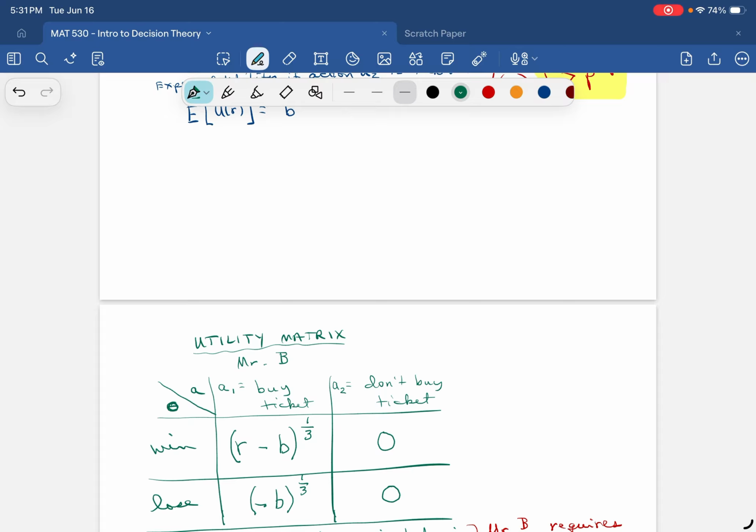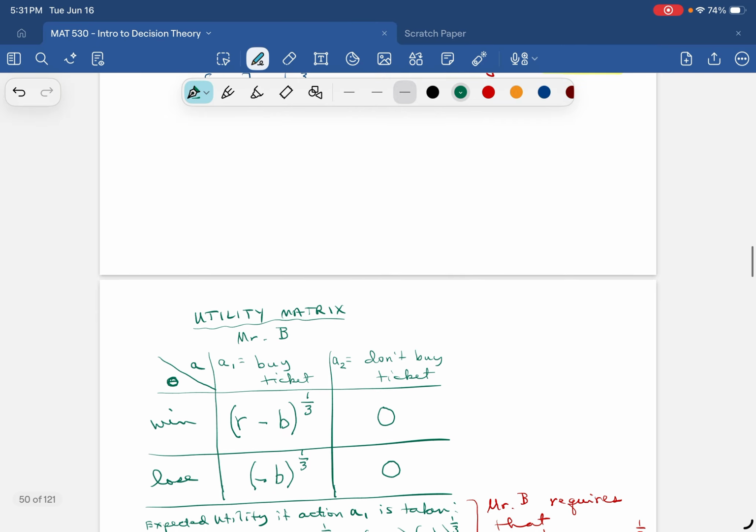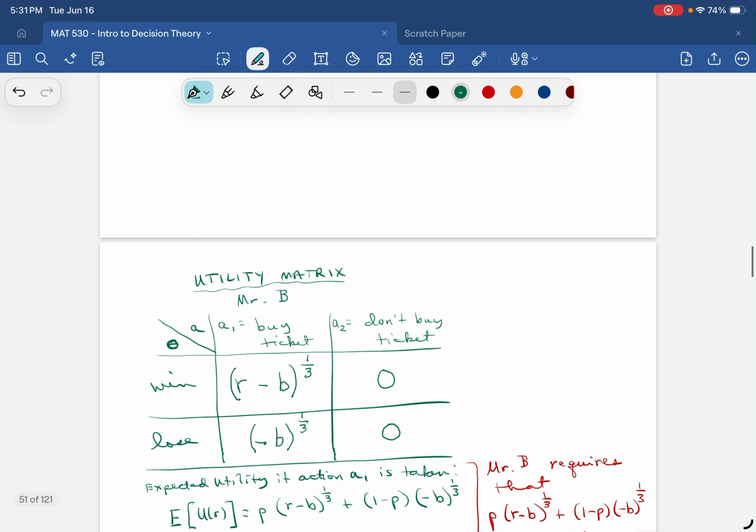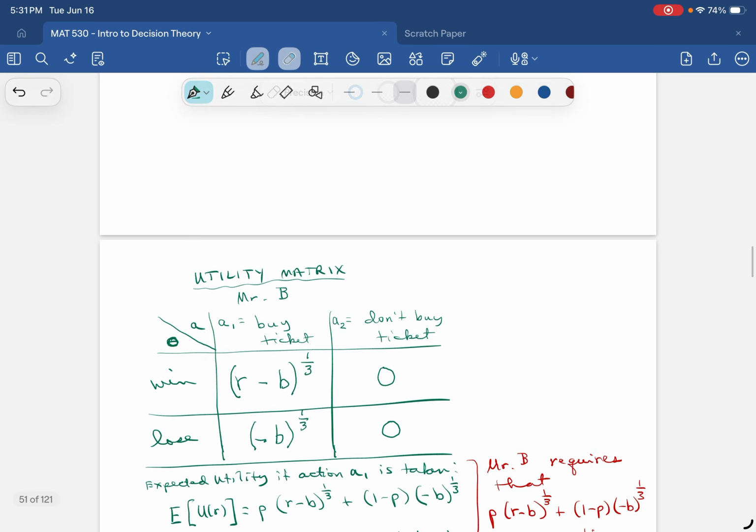Now we need to look at the expected utility for Mr. B for each action. So if the action A1 is taken, then with probability P, the ticket will win, and so his utility in that case will be what we have there, and then plus with probability 1 minus P, the ticket will not win, and so in that case the utility is that.